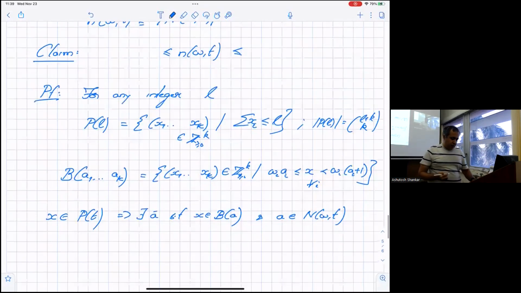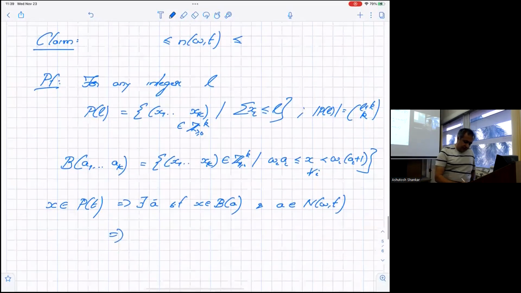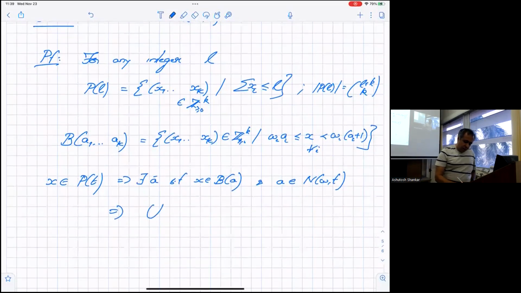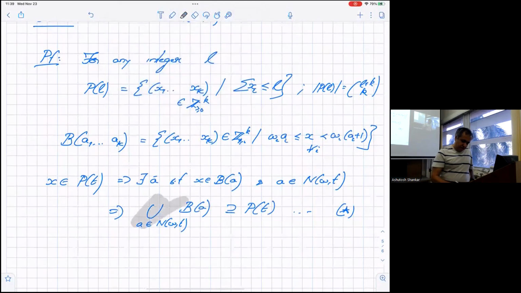So what does this give you? The end result is that if you take the union of the boxes corresponding to all a's in N_{W,T}, this certainly contains P_T. Are people with me so far?